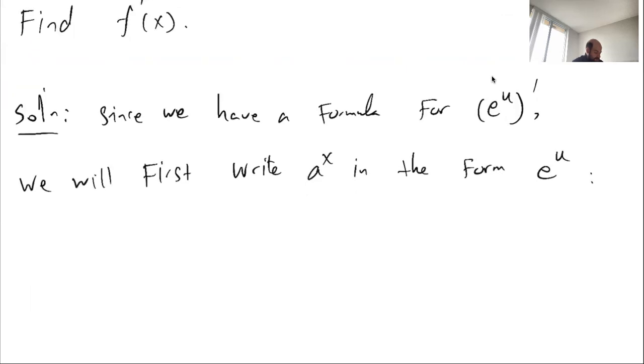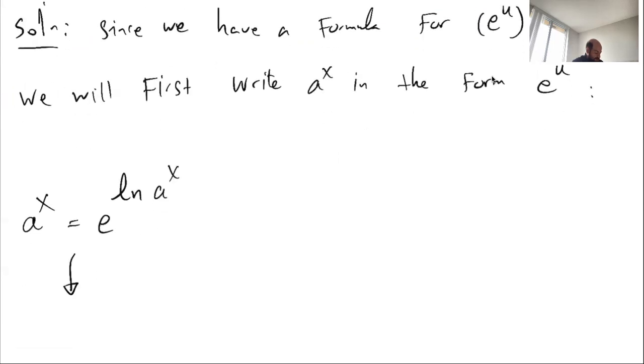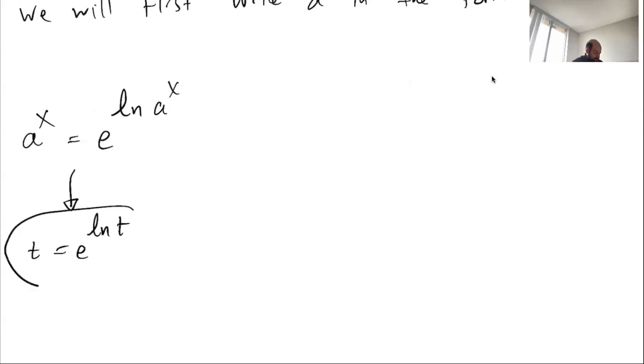So a to the power x is equal to e to the power ln of a to the power x. Because we have a formula: t equals e to the power ln t. T is always e to the power ln t, right? This is a formula you studied in pre-calculus or Math 100. I think in the review lecture, the first lecture, I also mentioned this formula. T is equal to e to the power ln t for t bigger than 0.